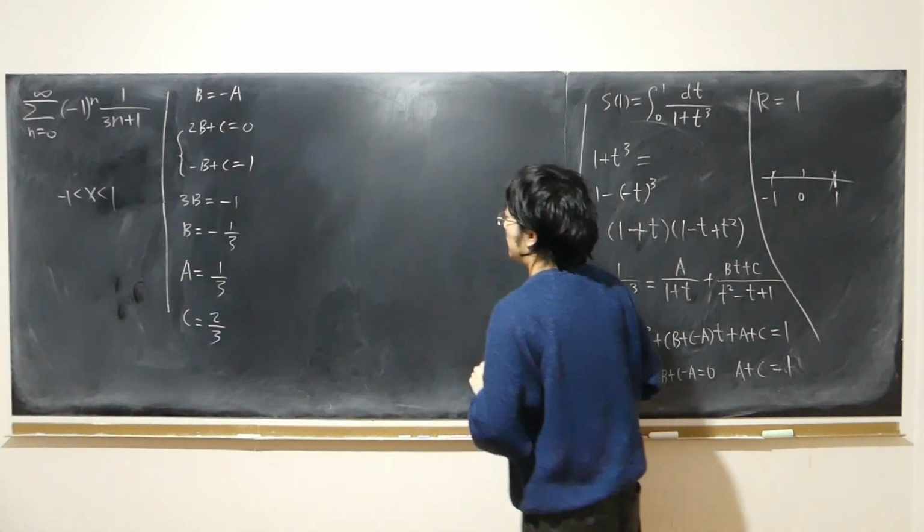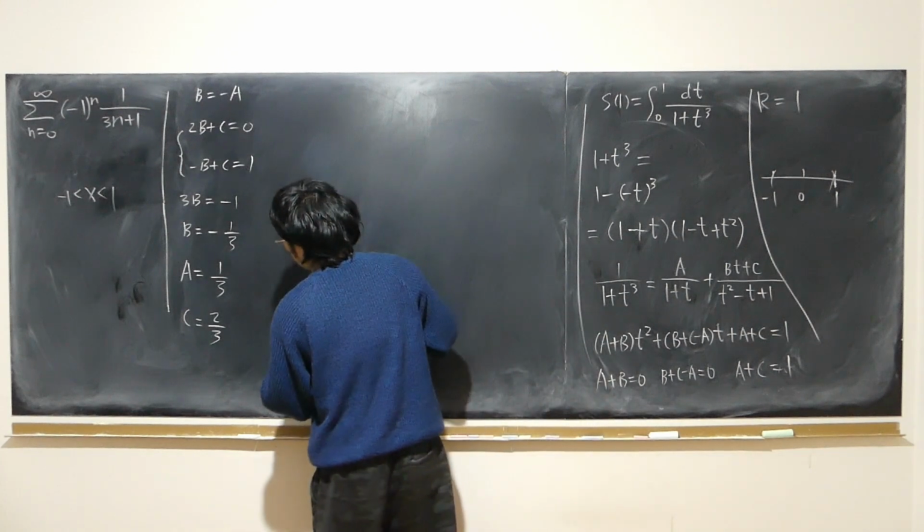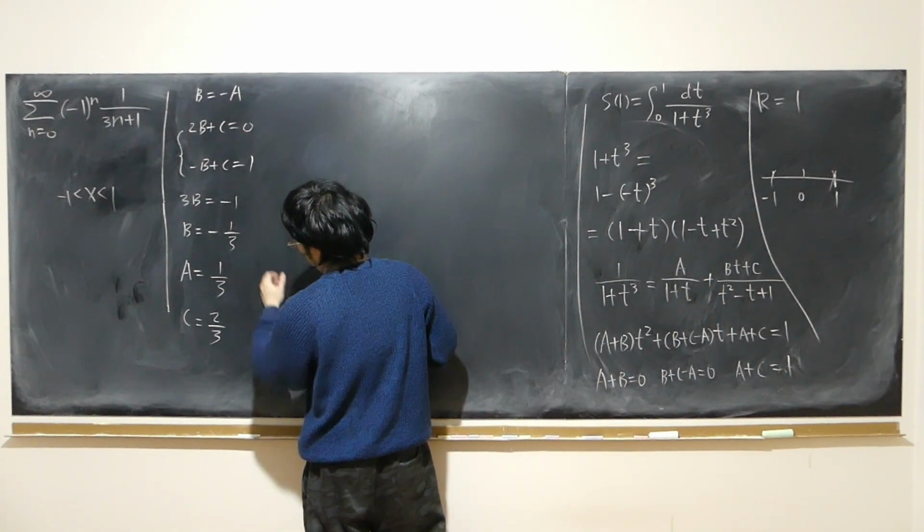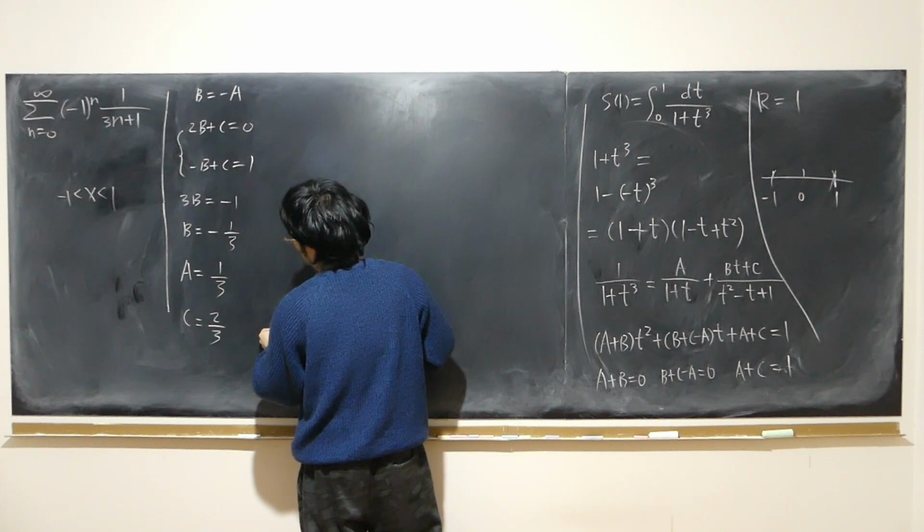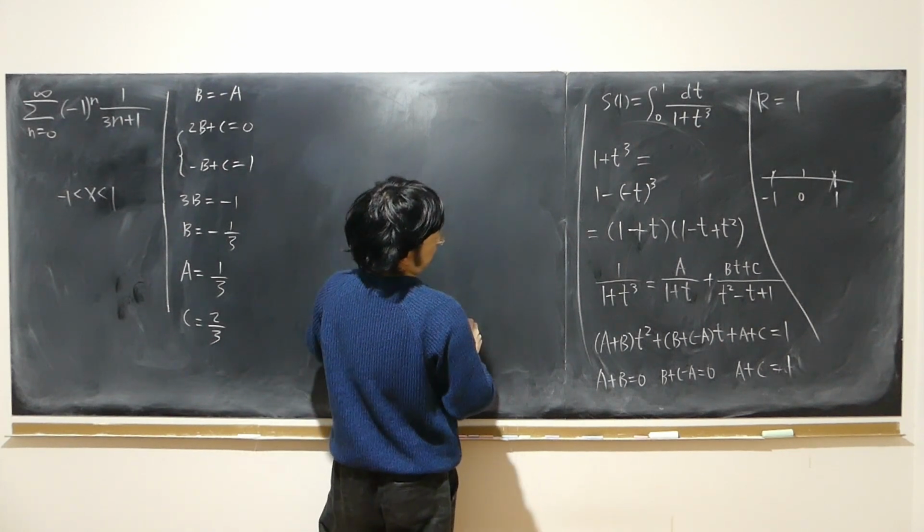So the common factor is 1/3. Perhaps we can just factor out 1/3.